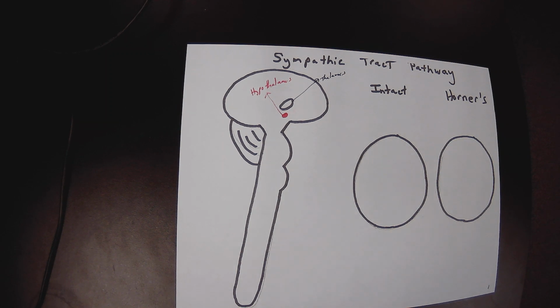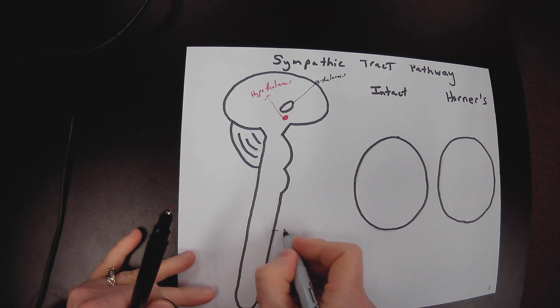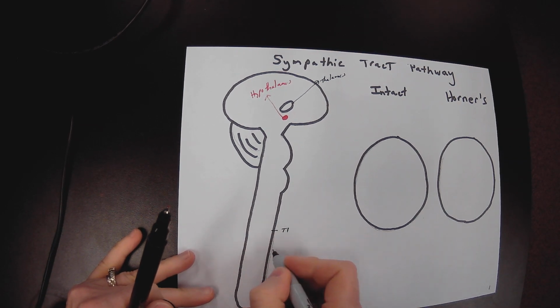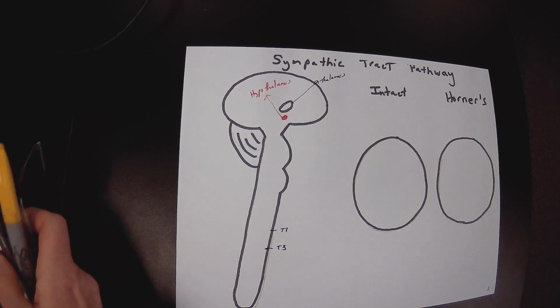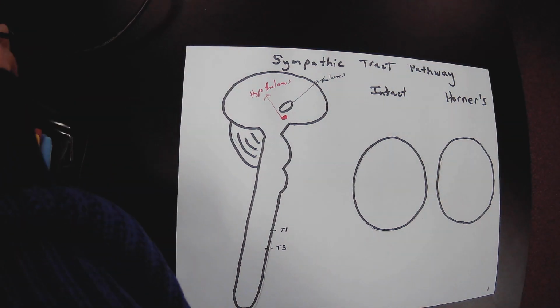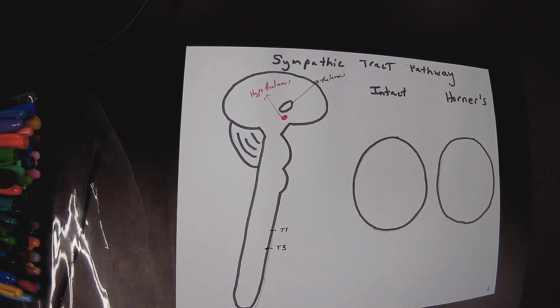So the sympathetic tract starts in the hypothalamus and goes all the way down to the levels of T1 through T3. Okay.